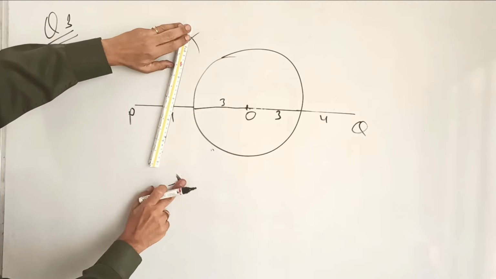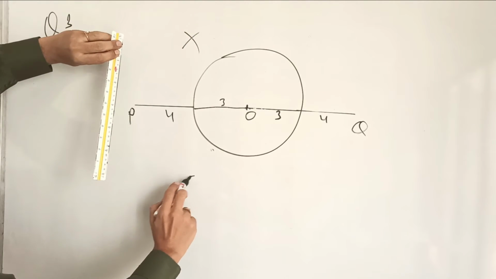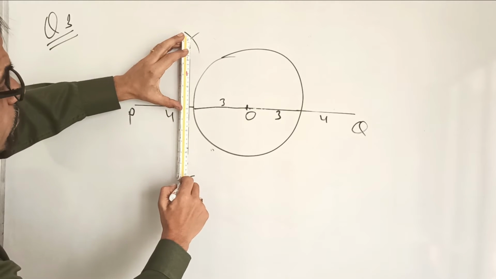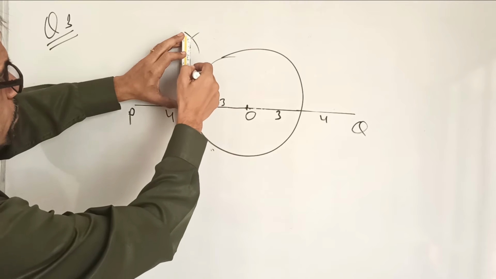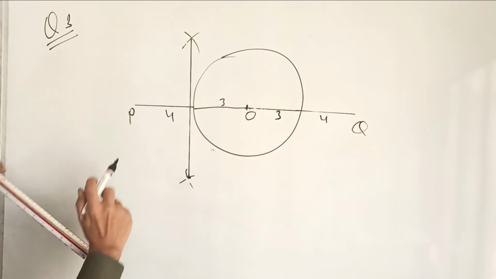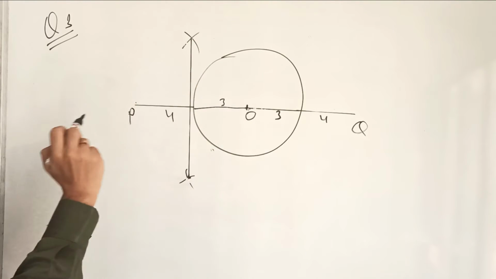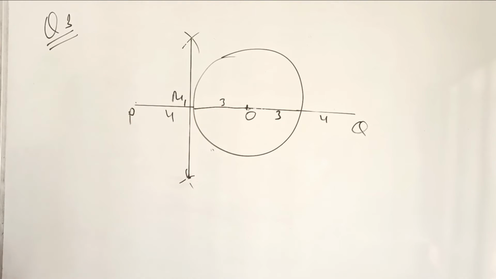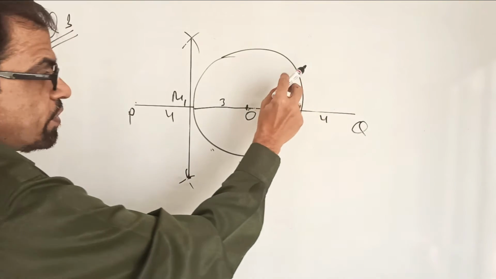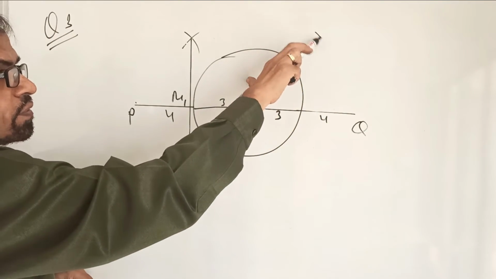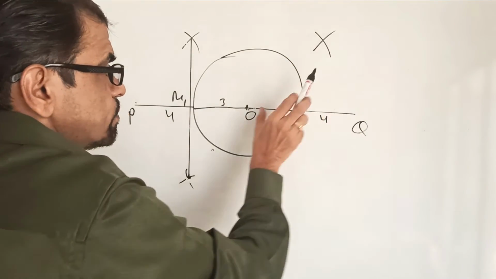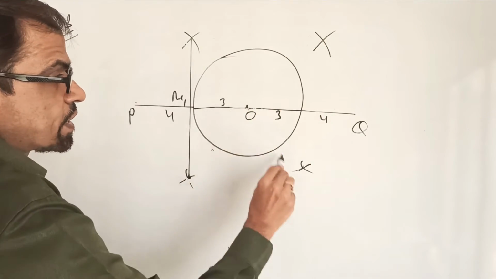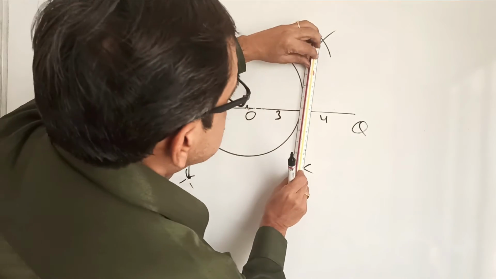So what we did here: we bisect OP. Suppose OP is bisected at M1, and in a similar way OQ will be divided with center O, with center Q, then again with center O, with center Q. We will bisect OQ, then join this one.